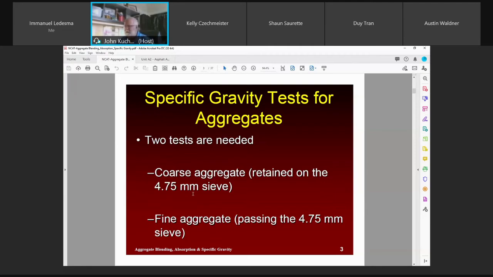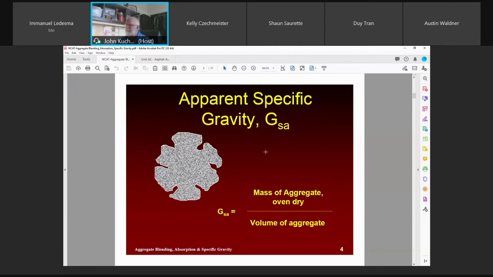Specific gravity, we've gone through this again. Here's the apparent mass of aggregates that are oven dry. Now, this isn't really a formula for specific gravity. This is a formula for apparent density. Volume of aggregate should always be multiplied by the density of water, right?